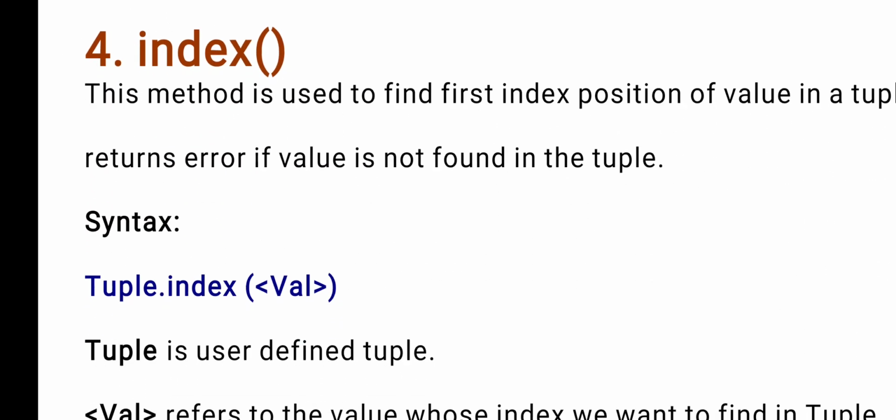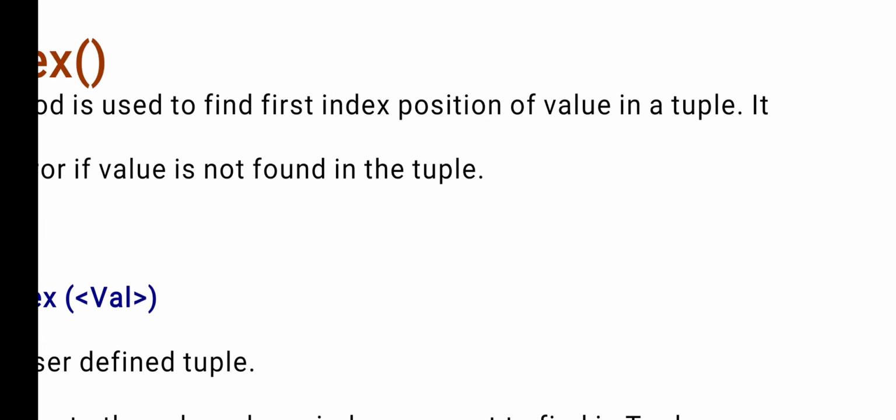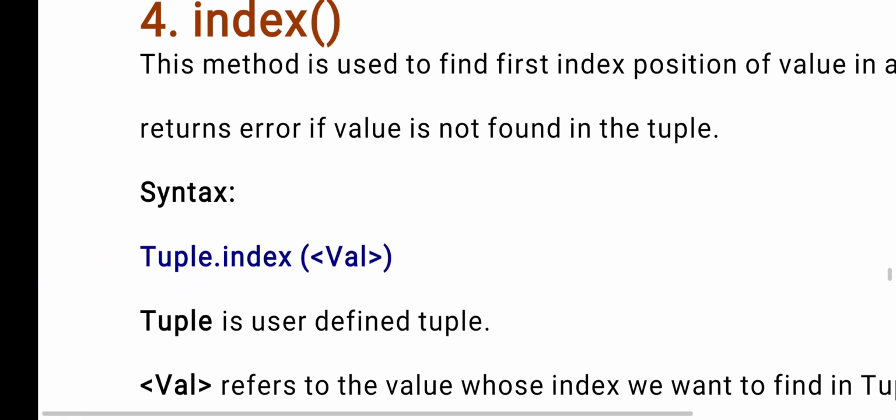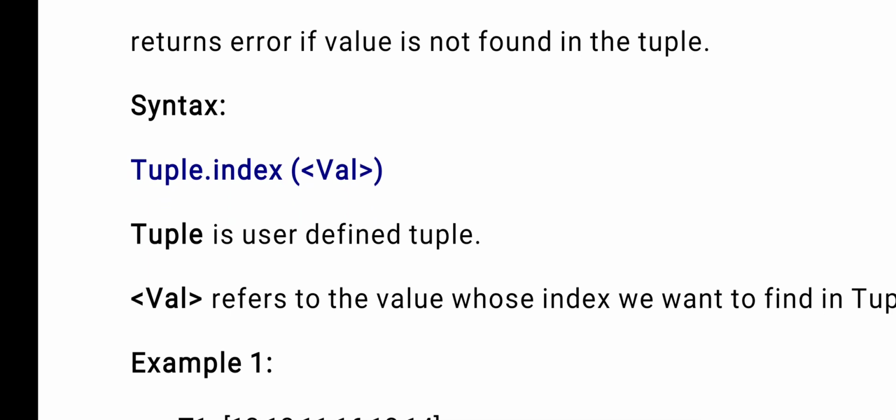The next one is the index. What is the use of this method? In the name itself you have a definition, right? This method is used to find the first index position of a value in a tuple. Whenever you give the index method and inside the brackets give the value, this method will find the starting index of the given element.